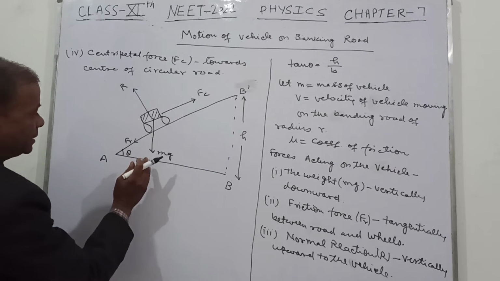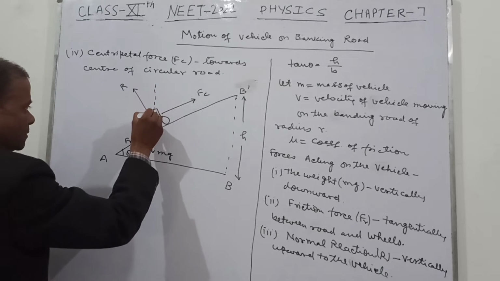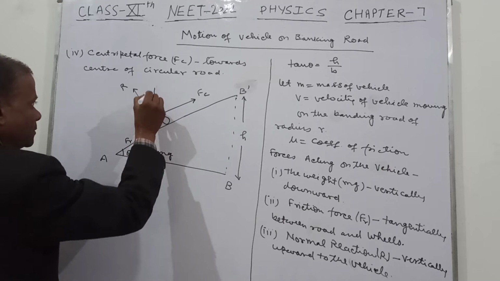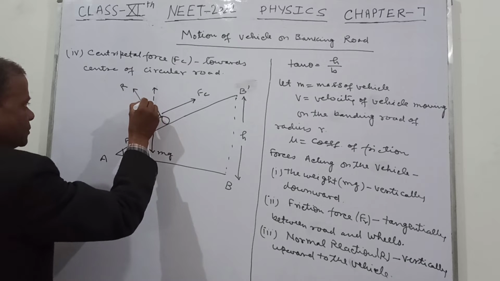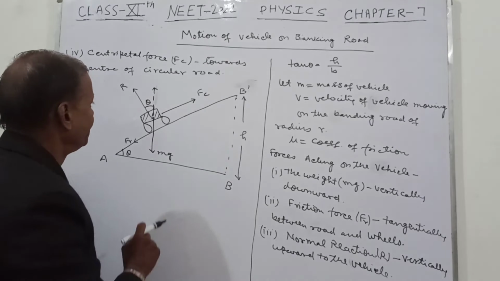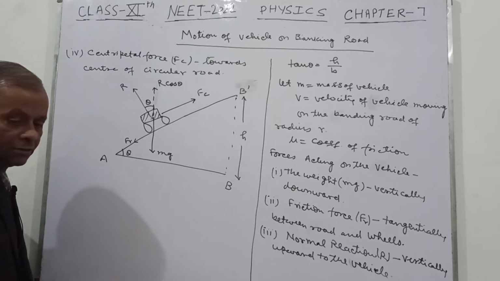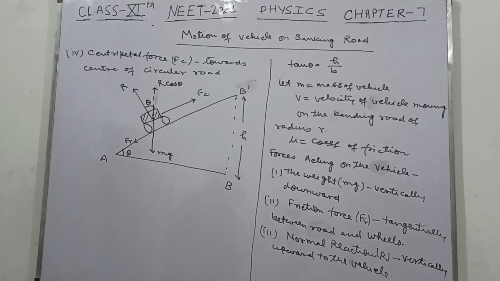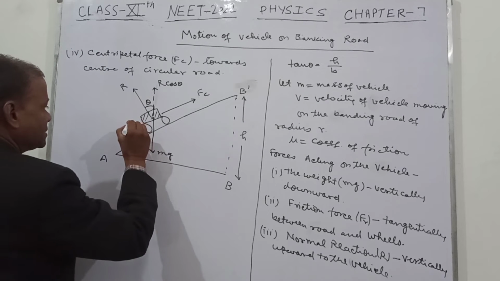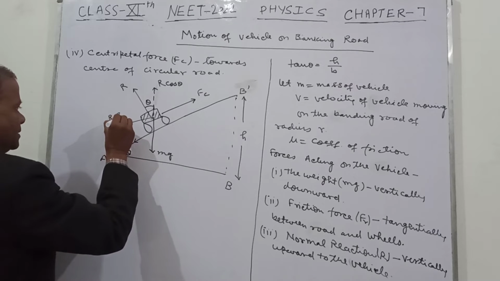If we draw a line opposite to this weight mg, it will make some angle. Let this angle also be theta, then this is also theta by geometry. So this is your R cos theta, and this is your R sin theta.